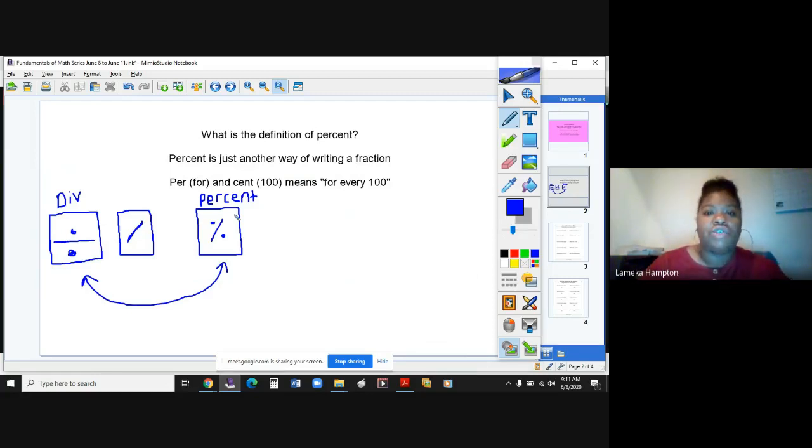So what they're saying to you is, the more you buy, the more money you'll save. But they use percents because, again, percents is just another way of writing fractions. We're actually going to get into this example a little later this week, probably Wednesday or Thursday. But I wanted to bring it to your attention today so you will know how percents work. So, for example, we have 25%.